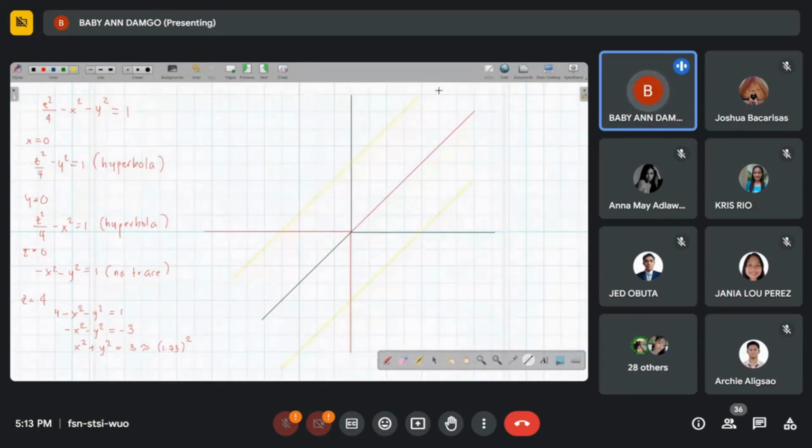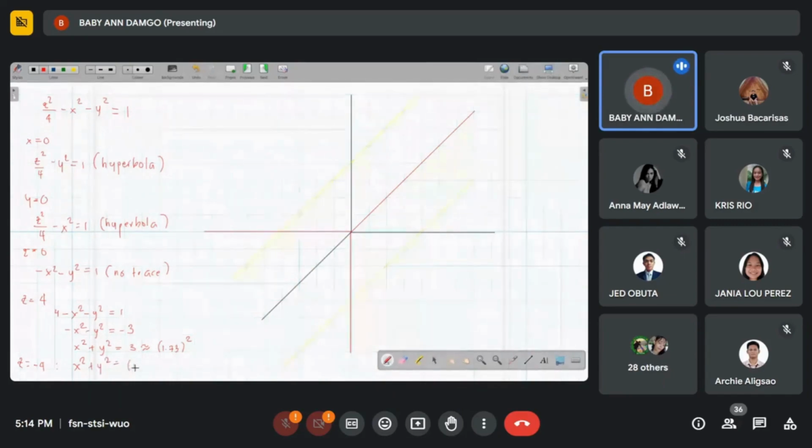Okay. When z is negative 4, the result is the same. We have x squared plus y squared is equal to 1.73 squared, because of the square of z.